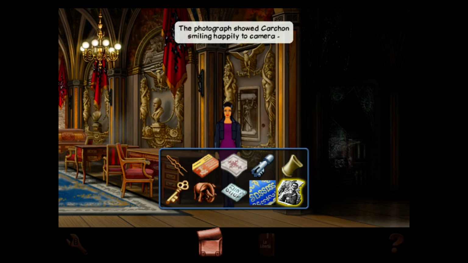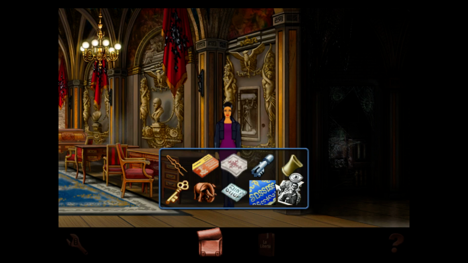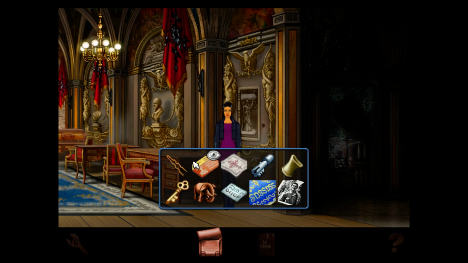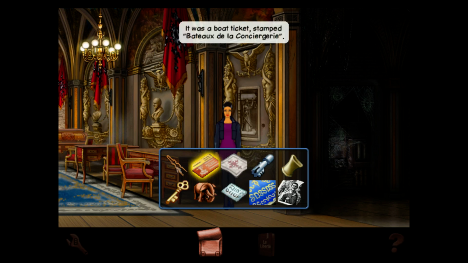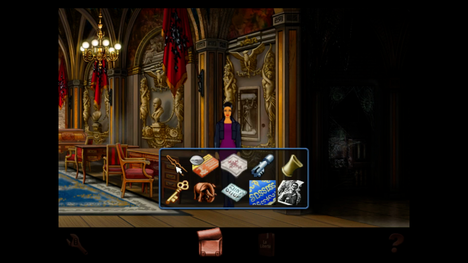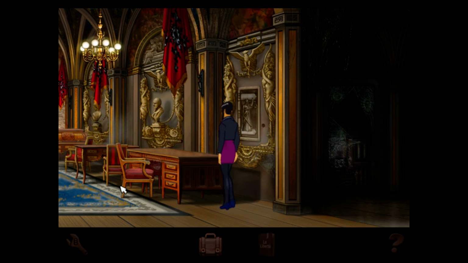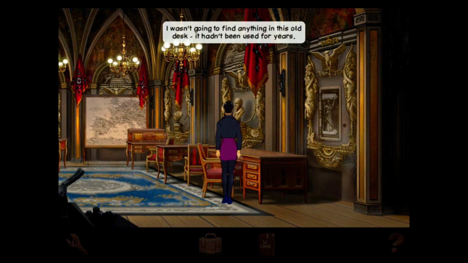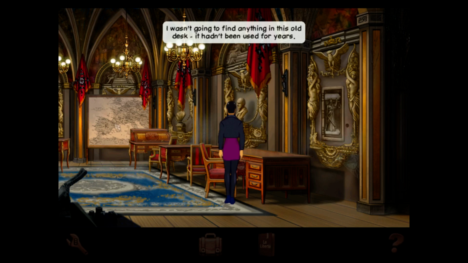The photograph showed Carchon smiling happily to camera, with a background of burning huts and death. The cloth was embroidered with an unusual symbol. It was a boat ticket stamped Bateau de la Conciergerie. When I was a little girl, Papa used to take me on the Bateau Mouche as a treat. I wasn't going to find anything in this old desk. It hadn't been used for years.